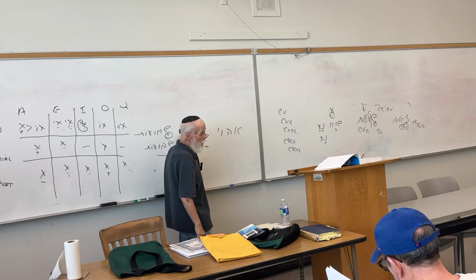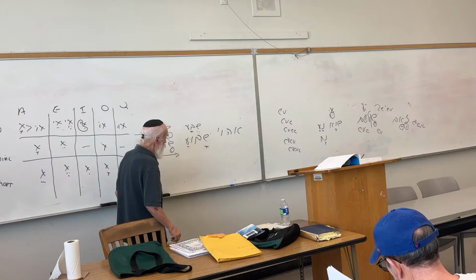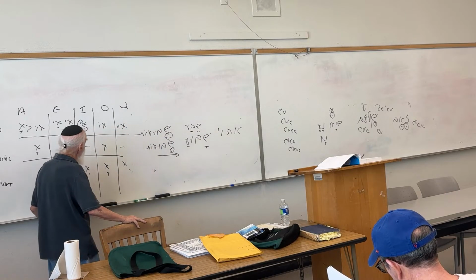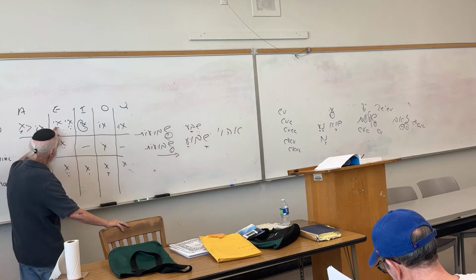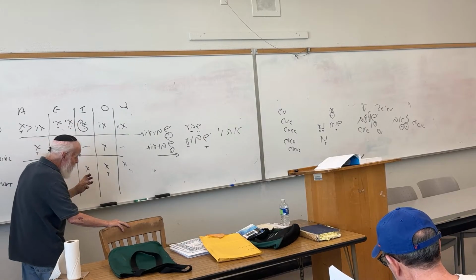Really? Really. And here we're seeing the yud letter. The yud letter following the tsere is a long tsere. The yud letter following the segol is a long segol. There's an A, and there's an E. It's like a long stress.